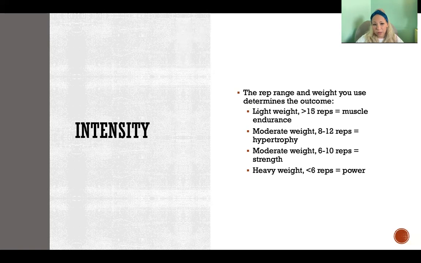So if we're asking our muscles to lift a weight repetitively, like a higher number of reps, so we're trying to get the muscle to contract and do many reps in a row with a lighter weight, then the muscle, of course, is going to adapt to become higher in endurance so that it's able to do that more easily next time you ask it to do that.